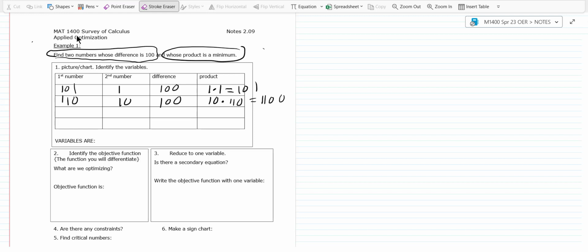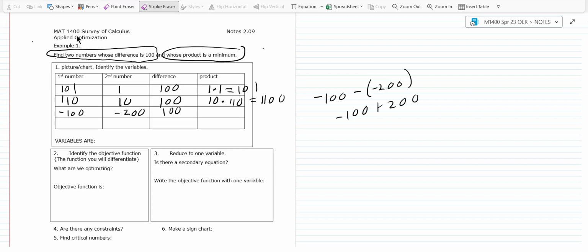Well, usually students don't think about negative numbers. Here's another possibility. If we had negative 100 and negative 200, and you subtracted negative 100 minus a negative 200, you would get negative 100 plus 200. So that would still give you a difference of 100.